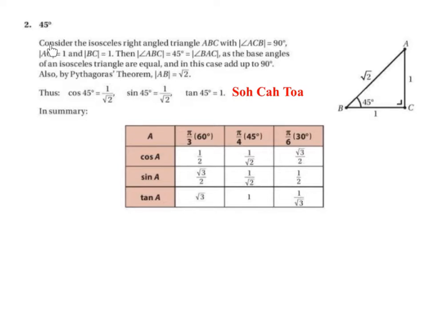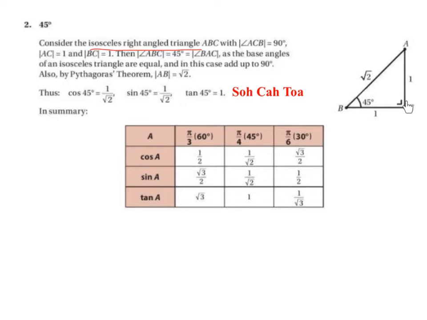45 degrees. Consider the isosceles right angle triangle ABC, with the angle ACB equaling 90 degrees. So ACB is 90 degrees. So it's a right angle. AC is 1 unit. From A to C is 1 unit.